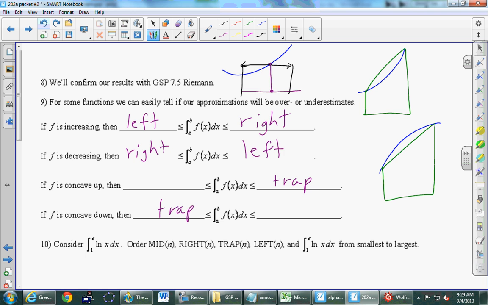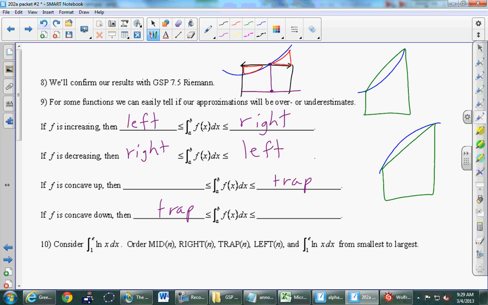So the question is, which shape is bigger? Is it the extra space that you didn't mean to get, or is it the space that you missed? It feels like looking at this, the space that we missed is the one that's bigger. We buy that? So if the space that we missed is bigger, then does the midpoint over or underestimate the right answer?